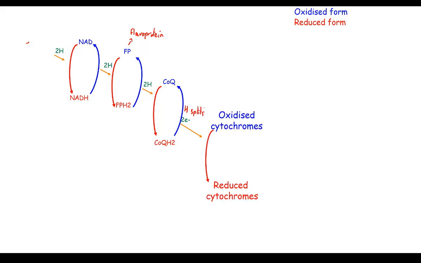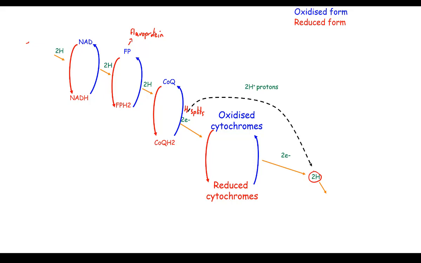Now, it then gets passed along a series of cytochromes, which are basically just more proteins embedded within the membrane of the cristae. They pick up the electrons and become reduced, and then again they pass the electrons on, and at this point we've got hydrogen.